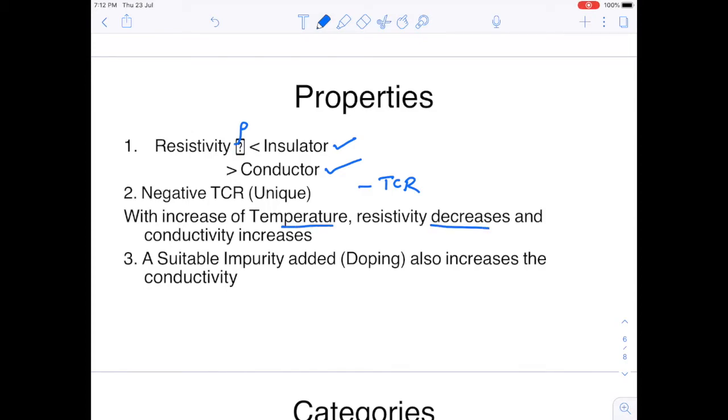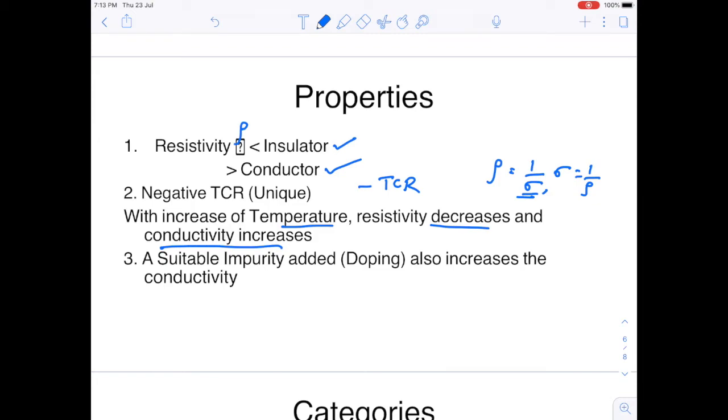When resistivity decreases, conductivity increases. What is the relation between resistivity and conductivity? Resistivity rho is equal to 1 by sigma, or sigma is equal to 1 by rho, where sigma is electrical conductivity. So, that is negative TCR. Unlike semiconductors, in metals conductivity decreases with increase of temperature.